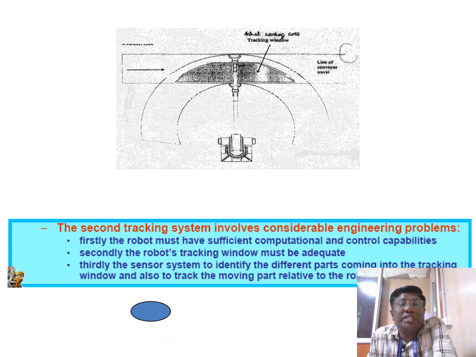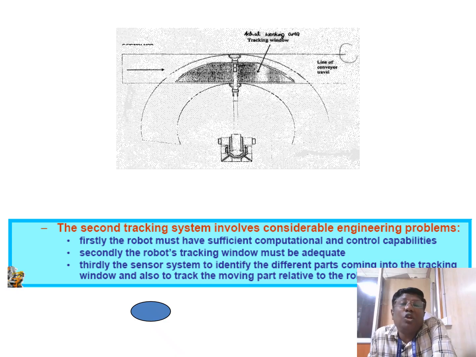This is the tracking system, the continuous one, where the robot moves from here to here. Secondary tracking involves engineering problems. First, the robot must have sufficient computational and controlling capability, so it must be an advanced robot. Secondly, the robot tracking window must be adequate, about where the parts and everything are available. Third, a sensor system to identify the different parts coming into the tracking window, and also to track the moving parts with the robot tool.